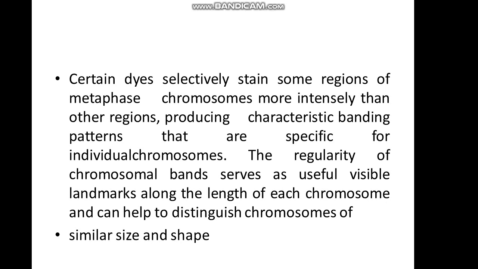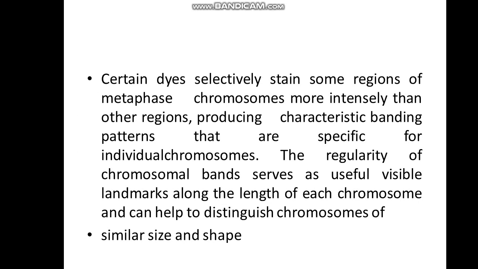So, when we go for a banding study, the chromosome has to be stabilized, or fixed, in the mitotic stage. For that, we use certain chemicals like colchicine, which will arrest the cell at a particular stage, especially the metaphase stage.